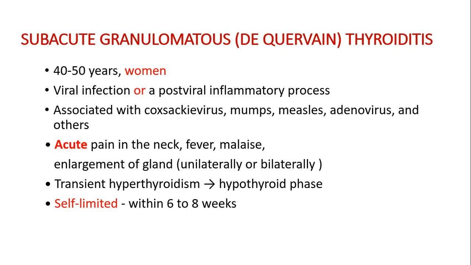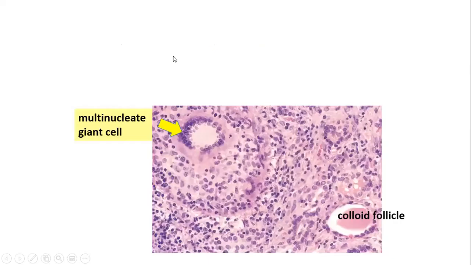Later, they may have a hypothyroid state. But in subacute granulomatous thyroiditis, the hypothyroid phase is self-limiting, transient. It will reverse within 6 to 8 weeks. That's why it's important to differentiate from Hashimoto's, which is permanent.